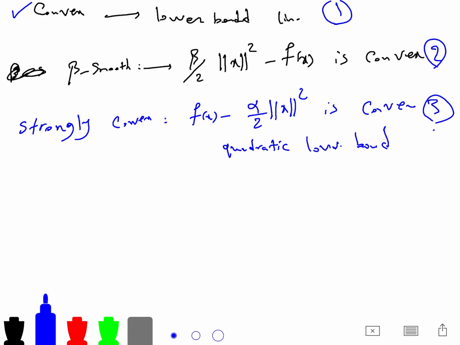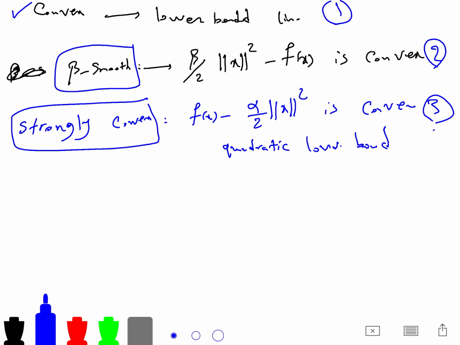And that's why these definitions of beta smoothness and strong convexity, all of these definitions are useful, and the goal was just trying to find what happens to the convergence rate.